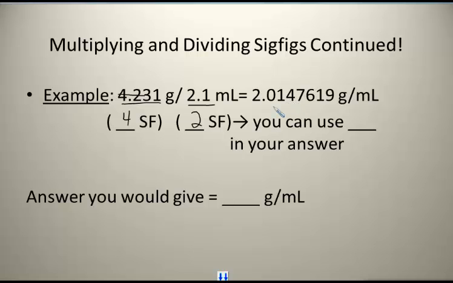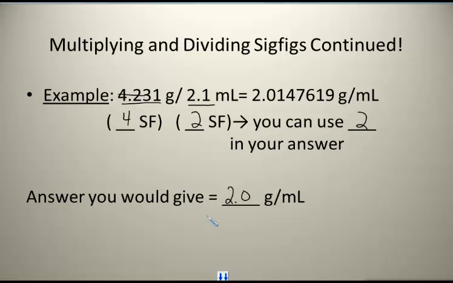But we need to worry about the fact that these were not measured the same way with the same amount of precision. So my final answer can only have the least amount of the 4 or the 2, and of course that's 2. So the answer that you would give, as far as the density of this object that you measured, would be 2.0 grams per milliliter. And that is as many as you can go with that.